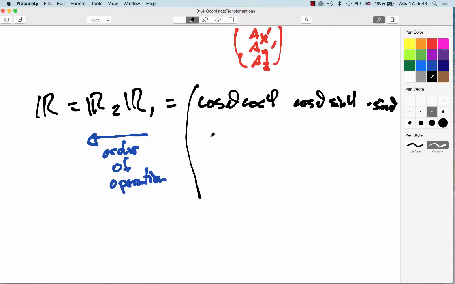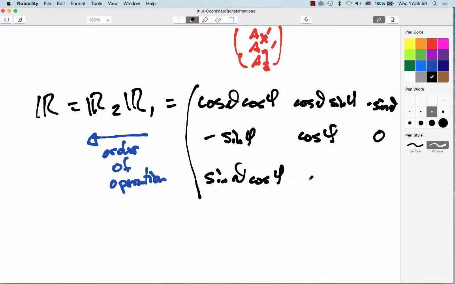Then here we'll have a minus sine phi, a cosine phi, a 0, sine theta cos phi, sine theta sine phi, cos theta. So it's easier to break these into nice little bite-sized pieces and combine them together.